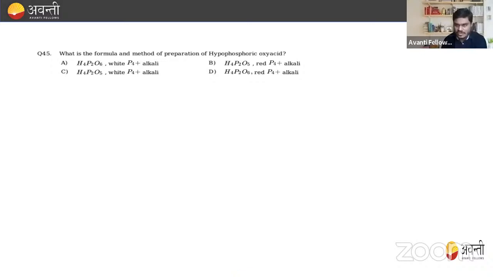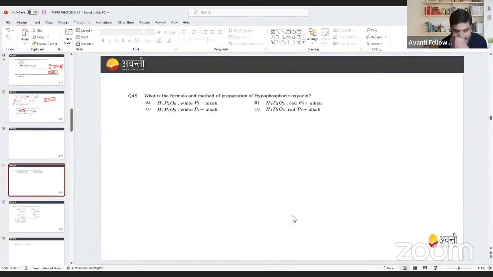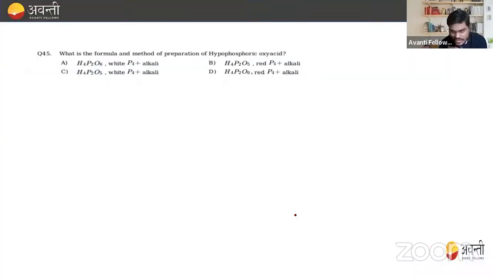P4 is an example of red phosphorus. Now, red phosphorus undergoes disproportionation with alkali to form H4P2O6 and PH3.